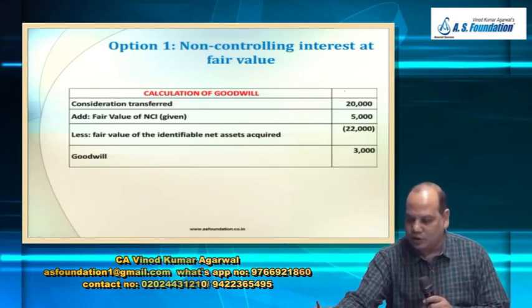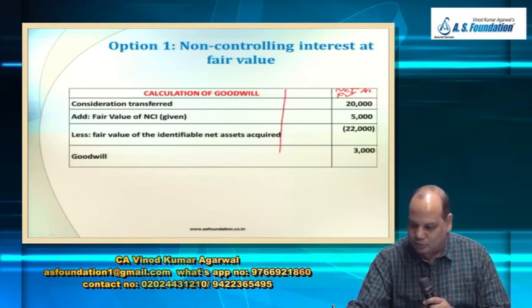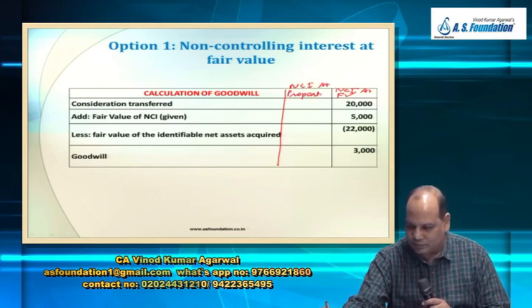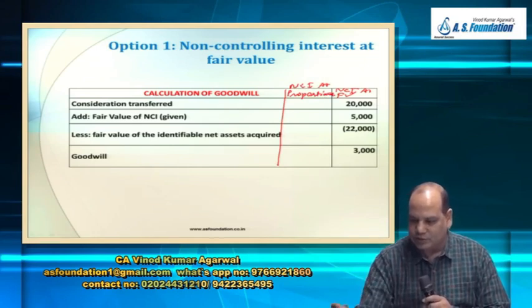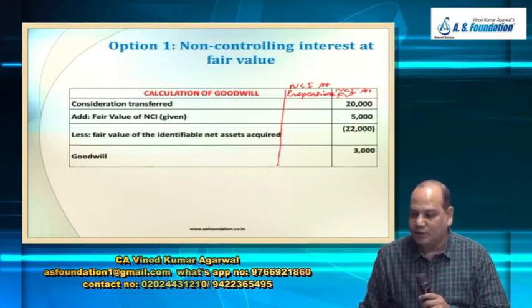In one column you can write NCI at fair value, and in one column you will draw NCI at proportionate share in net asset.